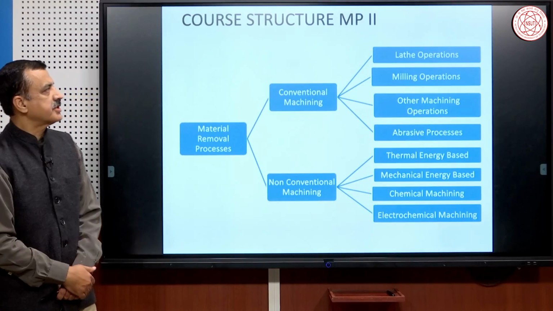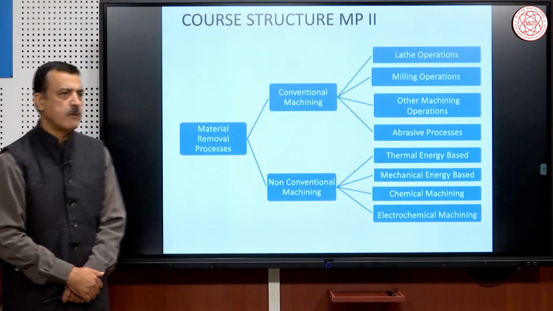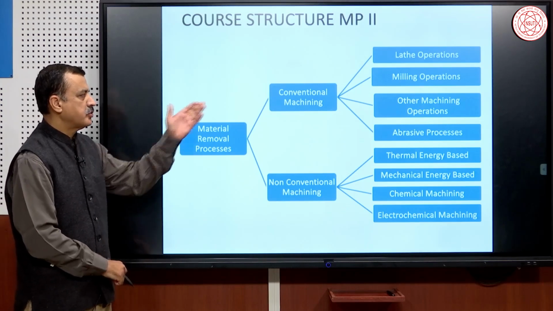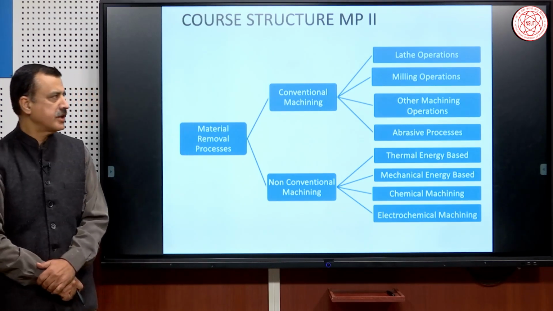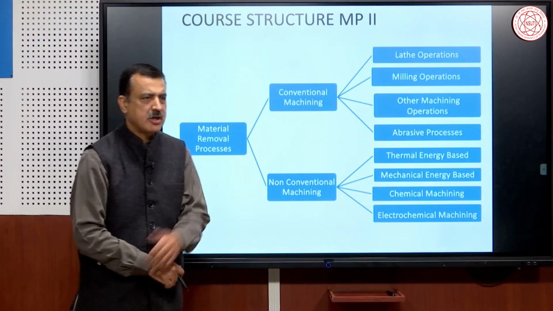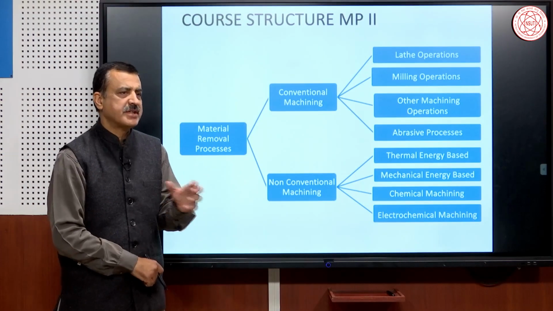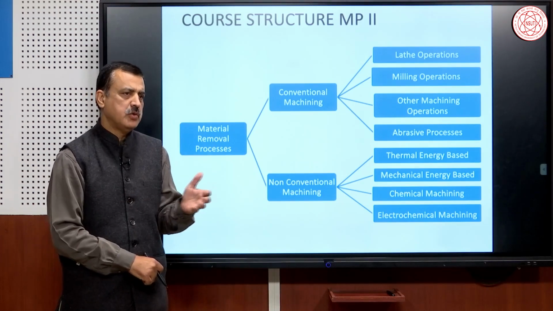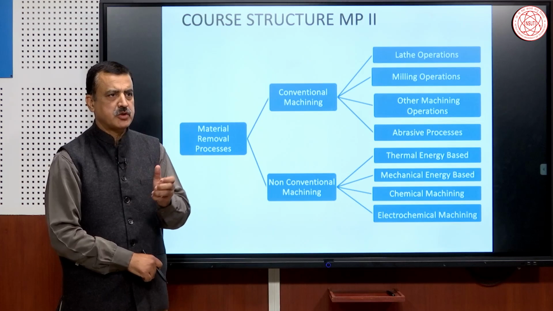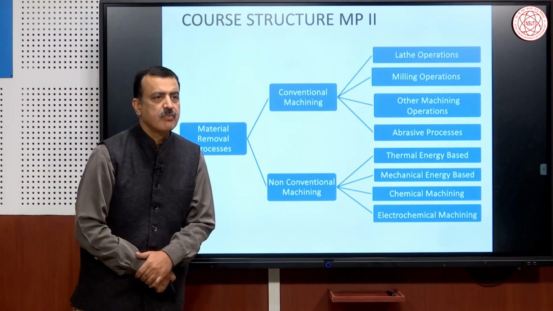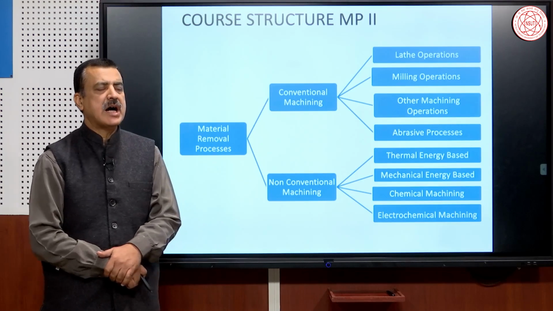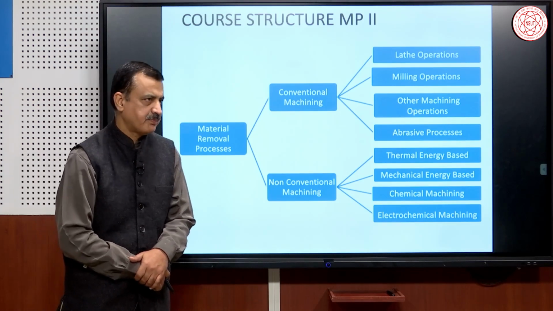So this is the course structure for Manufacturing Processes 2. As you can see, material removal processes are divided into 2 major categories. One is conventional, the other is non-conventional machining. Conventional machining processes are those where there is a physical contact between the cutting tool and the material to be cut. The relative motion between the two causes the actual cutting. Here one thing is very important, that the cutting tool material must be harder than the material to be cut.